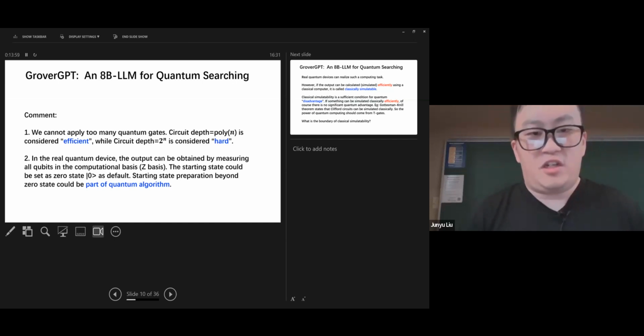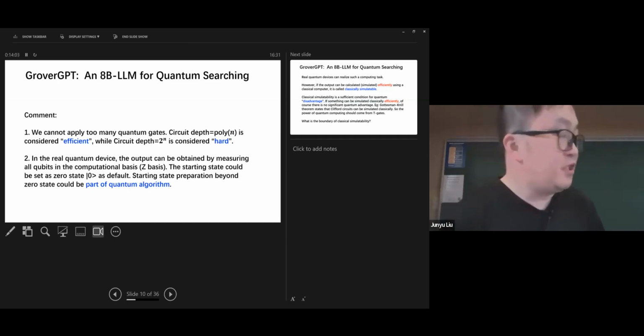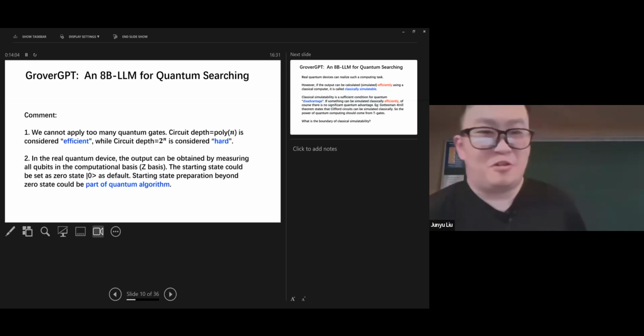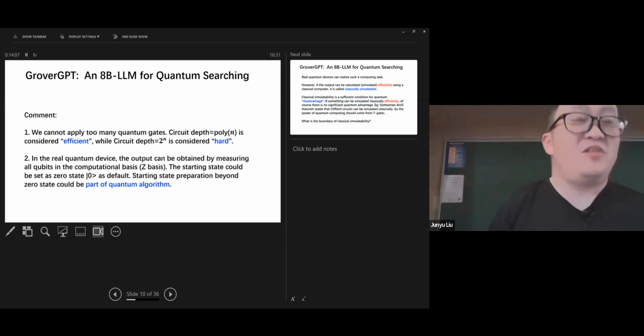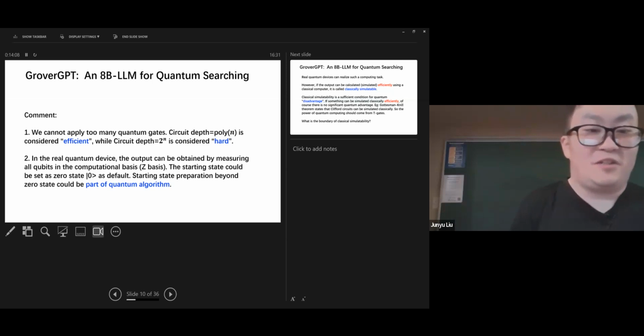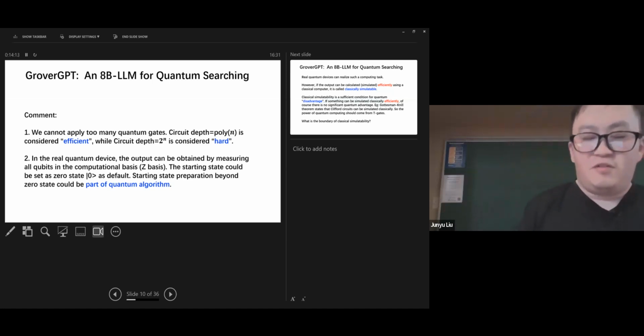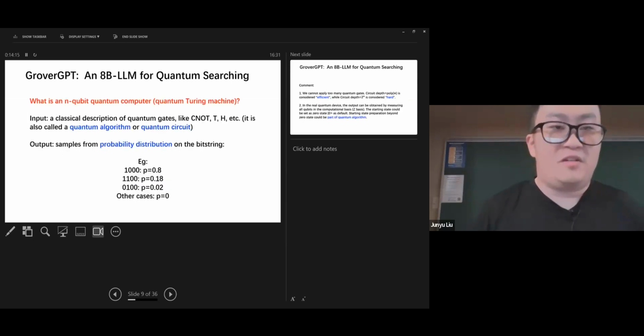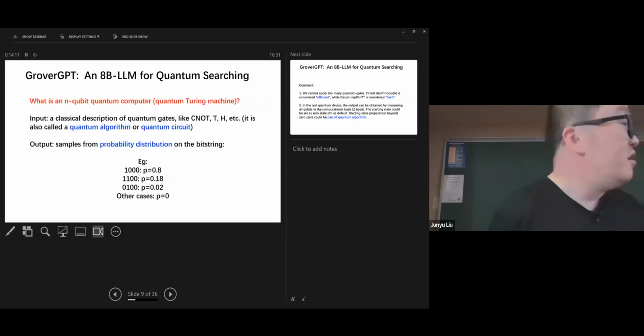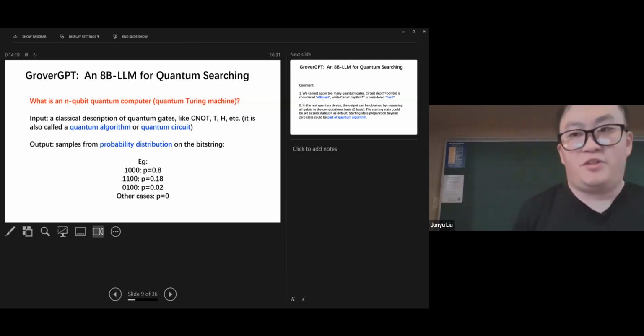You can also change the bit string distribution to other distributions, which basically changes the computational basis to some other basis, and that can also be understood as part of the quantum algorithm. So without loss of generality, we can assume the quantum Turing machine is just such a simple object.